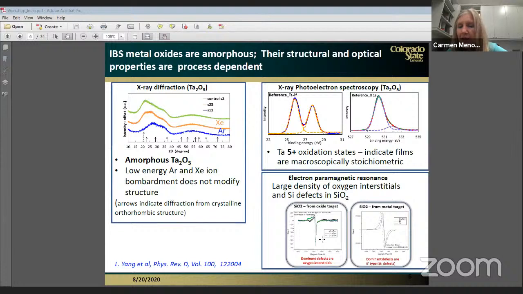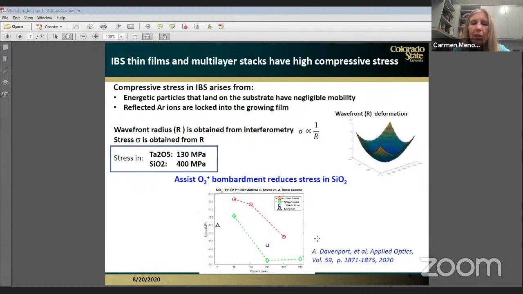And so this is the electron paramagnetic resonance signal. If we deposit from a metal target, the signal changes drastically. And what this is telling us is that this type of defect is different than this one. In fact, this is an E' defect versus an oxygen interstitial.